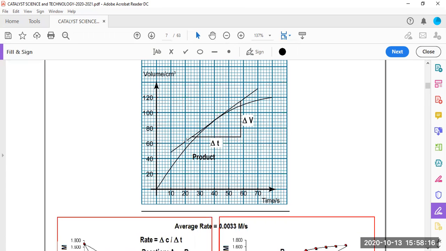So it means that slope for that line is different from point to point, because the speed or the rate changes within time. It goes up first quickly and then gradually it's slowing down until that reaction stops.